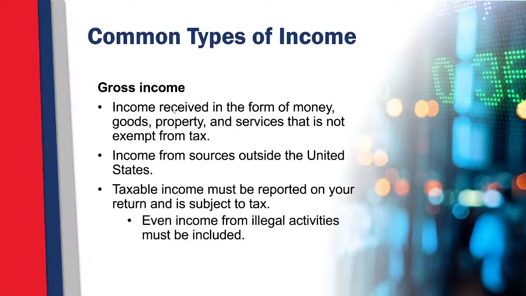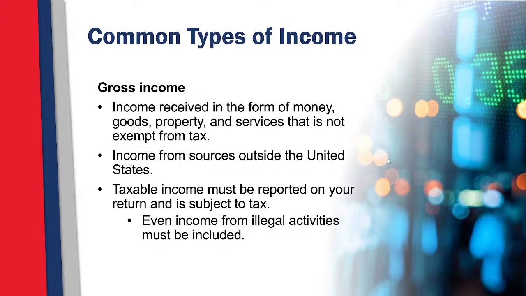Gross income is income received in the form of money, goods, property, and services that's not exempt from tax. We've said that before. Even if I perform some work and get paid in eggs, I have to report that income. So I have to find what the fair market value of these eggs is and report that as income.